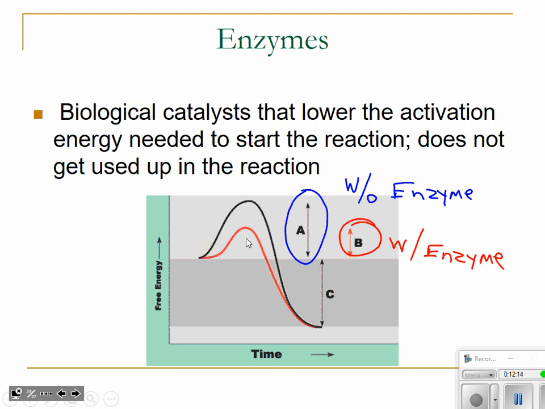If you're riding your bike on that hill, which one do you get over faster? The lower one, right? So the enzyme lowers the amount of activation energy necessary, thus it speeds up the reaction.